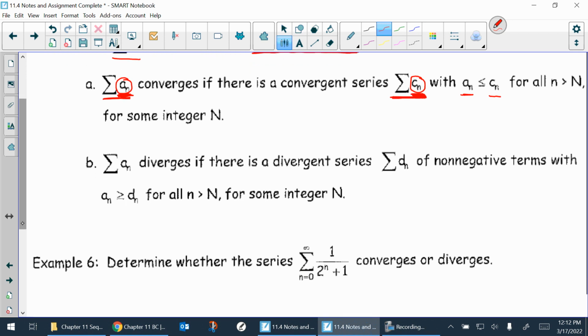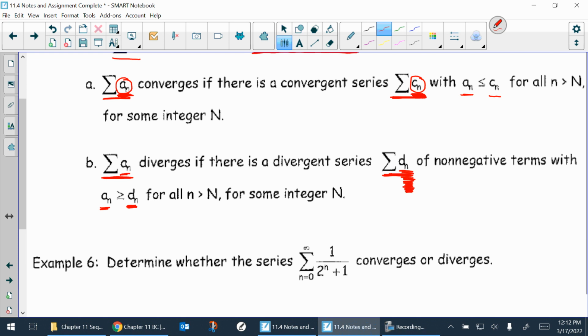Now, conversely, if I add a bunch of terms together, an infinite number of them, they're going to diverge if I have something that I know diverges and my new terms are bigger than those of the diverging series. So when I add each of these together right here, I know that thing's going to diverge.